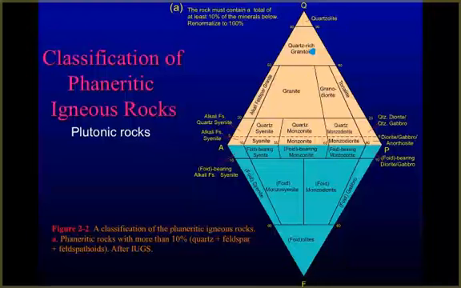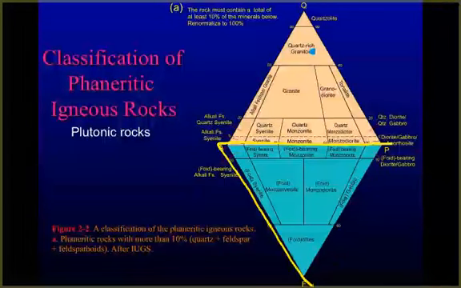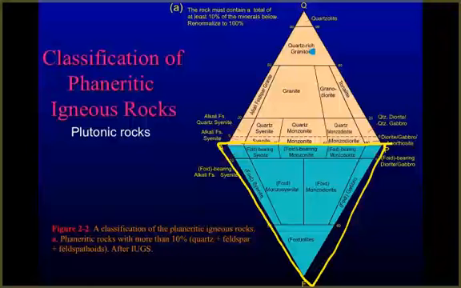All right, you may have noticed that there is this other half of the diagram down here, and we're basically hardly ever going to use it or talk about it. But what that side of the diagram is, and you'll notice the F down at the bottom, are for feldspathoids. They are not feldspars, they are feldspathoids, and those minerals only grow when the bulk composition of a rock has too little silica to crystallize feldspars, and those are relatively rare.